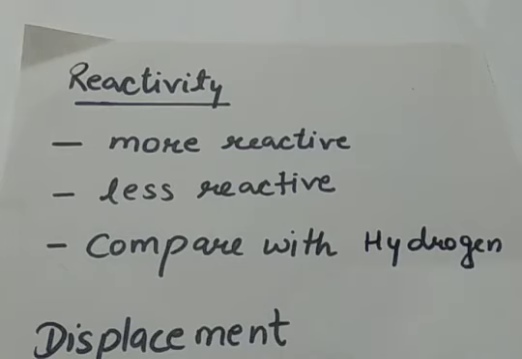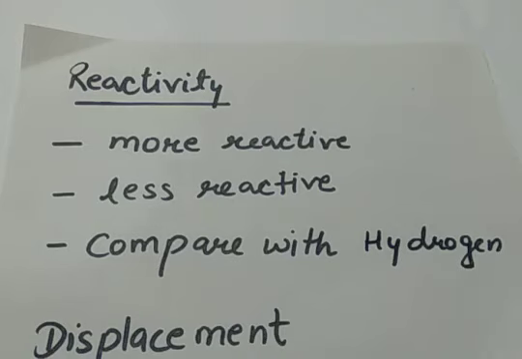So here we have potassium, barium, calcium, sodium, magnesium, aluminium, zinc, iron, nickel, tin, lead. These are high reactive metals. Then copper, mercury, silver, gold and platinum.